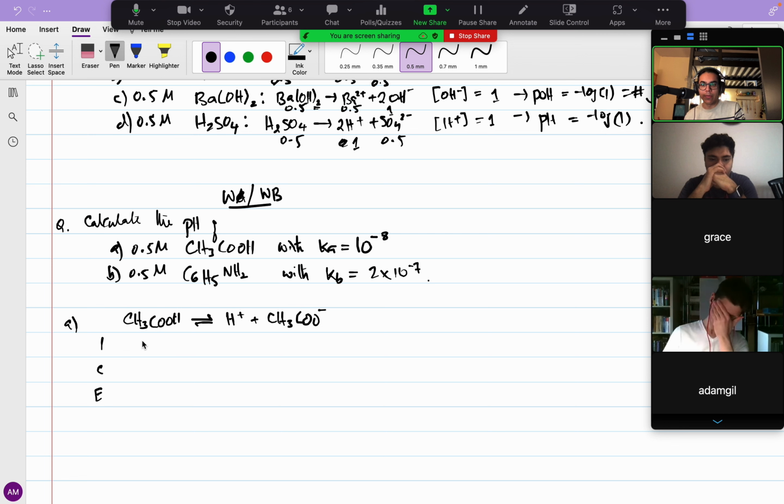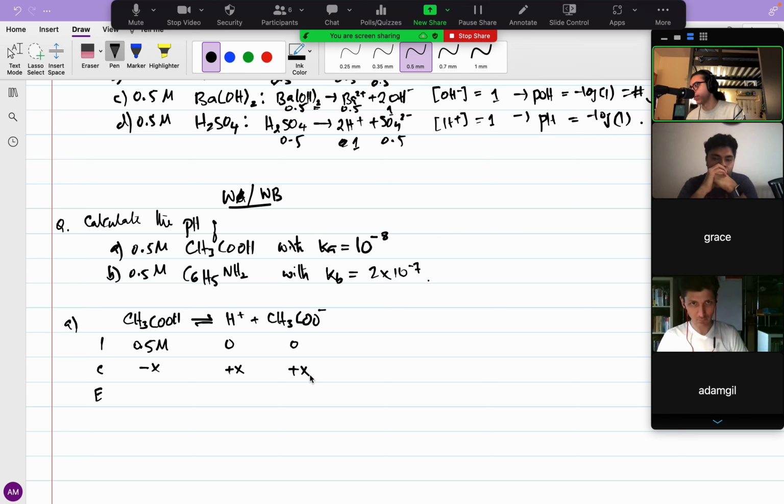Initially we've got 0.5 molar CH3COOH, and initially all of the acid is undissociated, so there is no H plus or the broken piece to begin with. As we let the acid dissociate, let's say minus an X amount of it does that, so plus X and plus X.